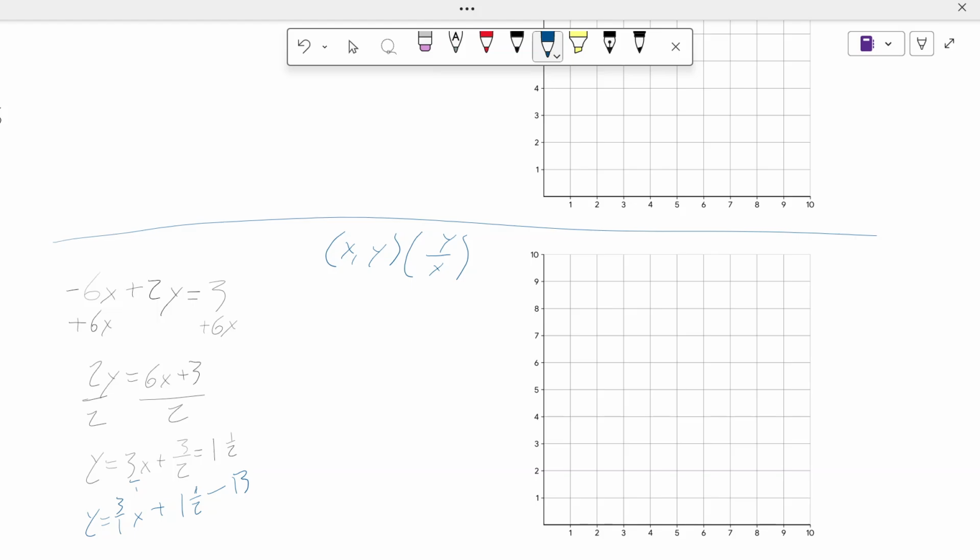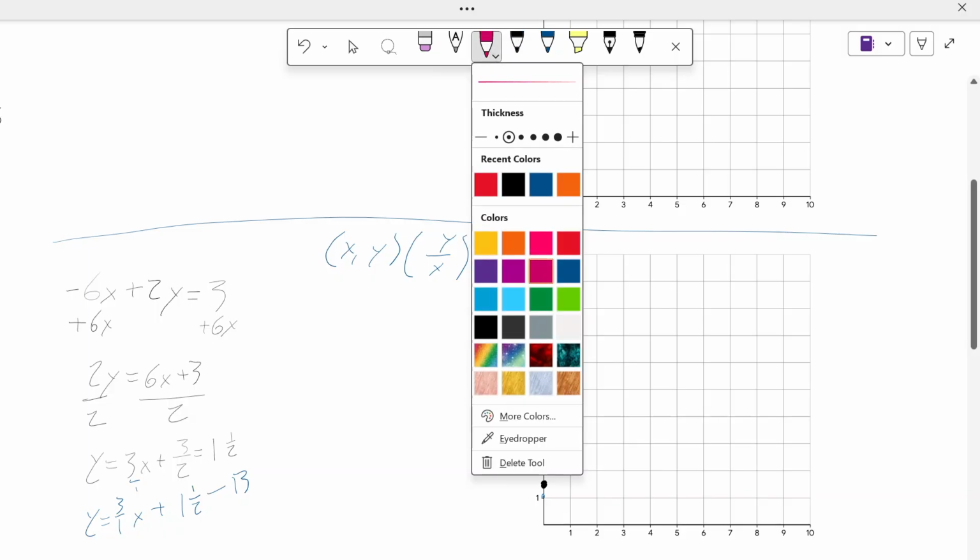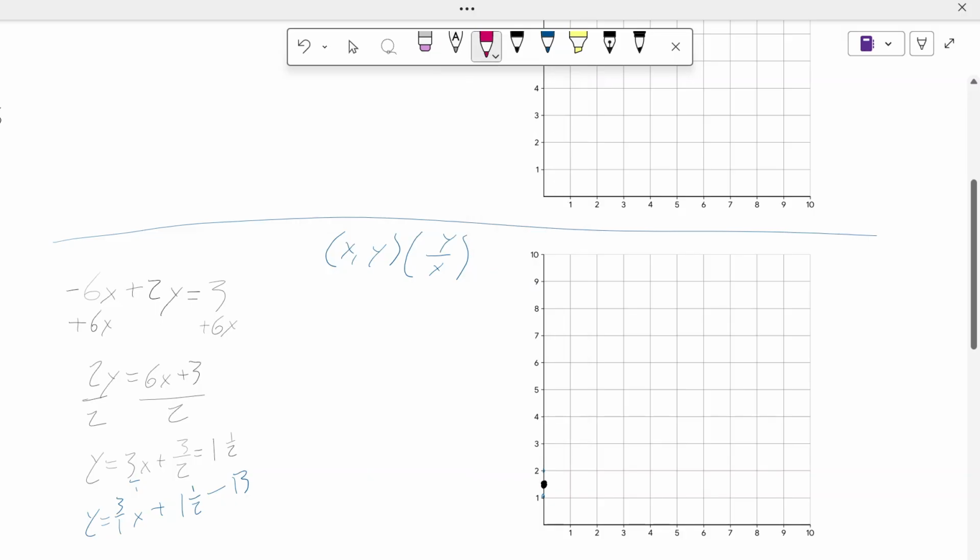Okay, so what this means when we have 1 1/2 is we're just going to go to our graph. We're going to go to 1 and 2, and we have to go to the middle, so we're going to put a dot right in the middle. Okay, so this point is 0, 1 1/2.